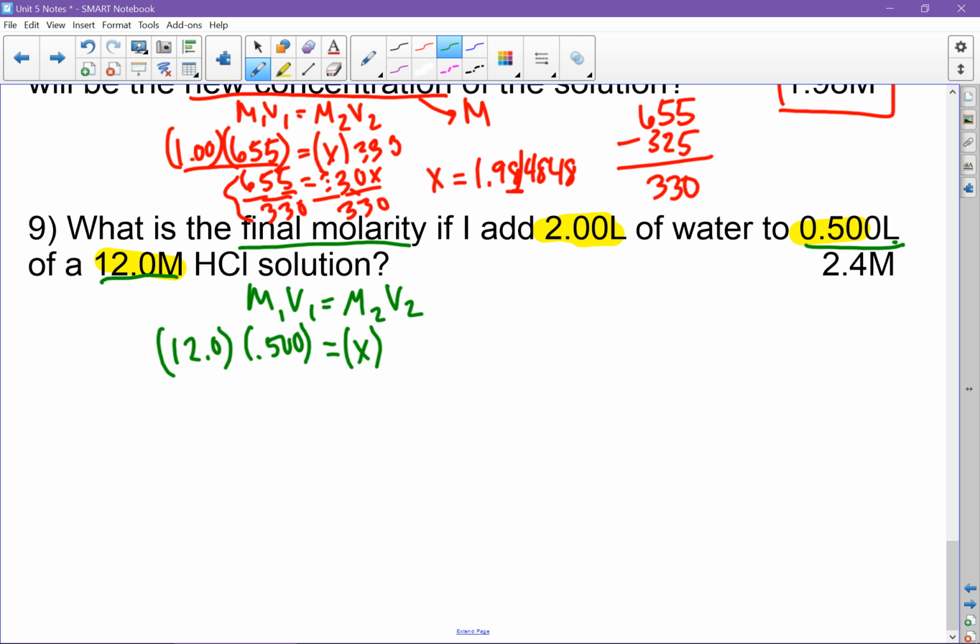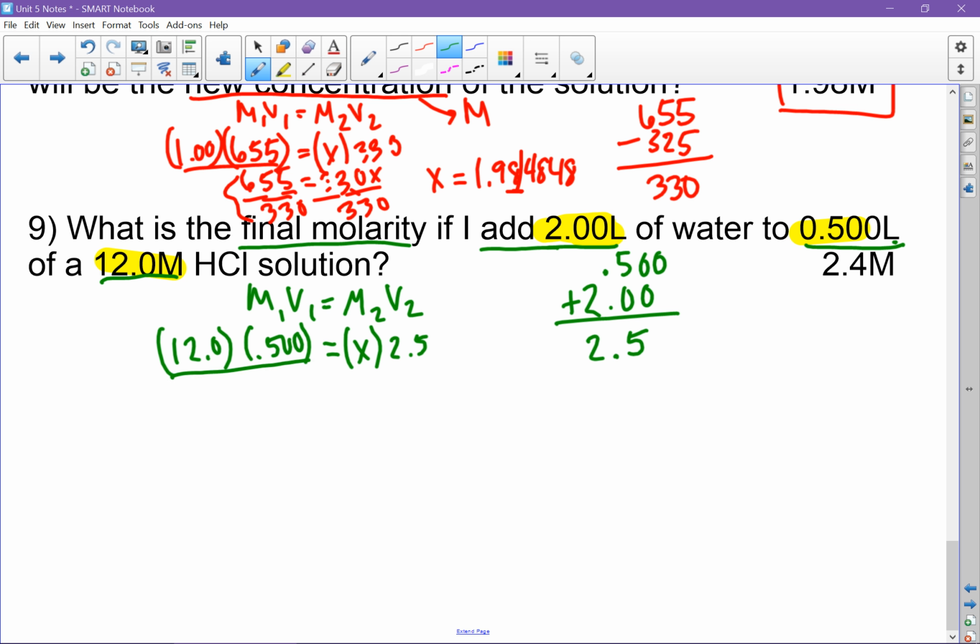Be careful for V2. It is not just 2.0. It tells me I'm adding 2.00. I started with this much. That means that my V2, when I add those two numbers up, is 2.5. Okay, then you're set to solve.